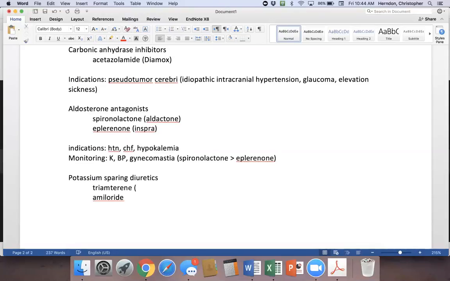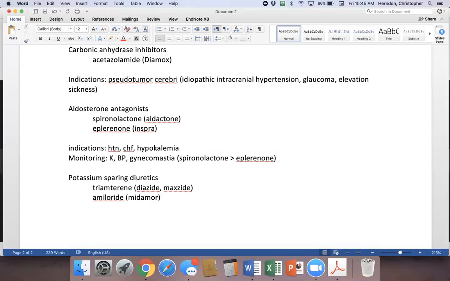It's usually HCTZ with triamterene, right? Dyazide or Maxzide. Do you guys still see that used? Okay, what else? Amiloride, brand name? What is it? Midamor. I haven't heard that in so long.